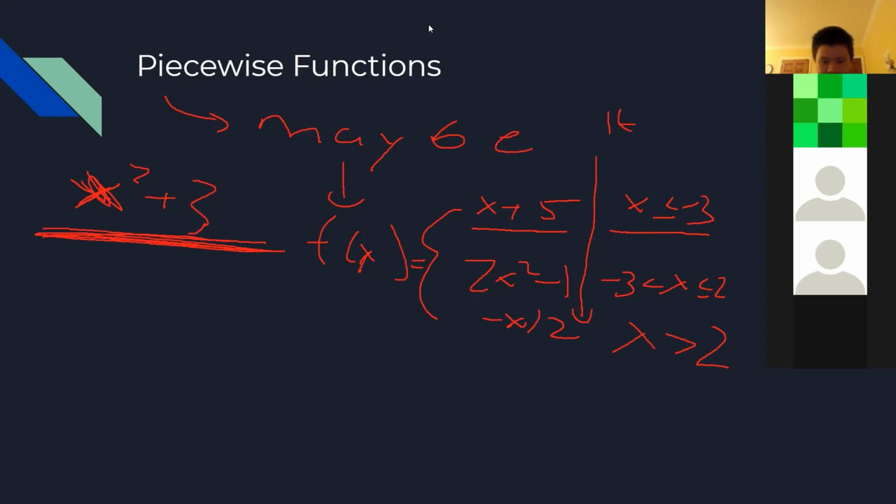So let's take f of 1. It follows this because it's in this range. So 2 times 1 minus 1 equals 1. However, if we took -4, that goes under there.